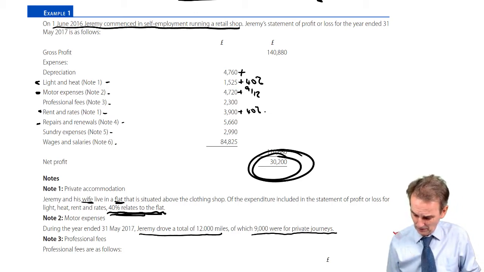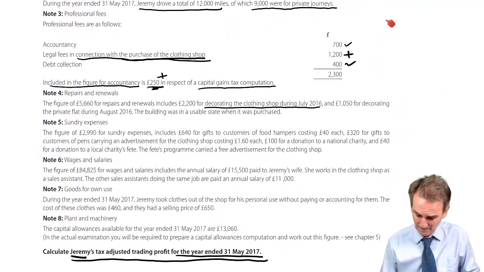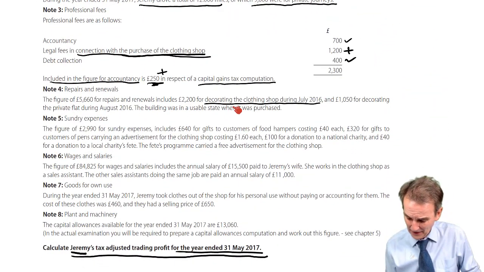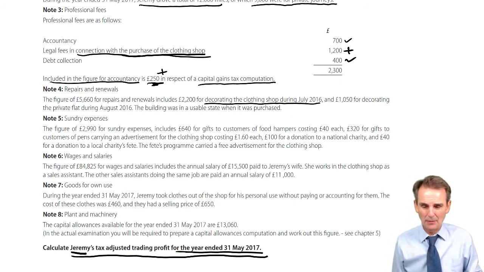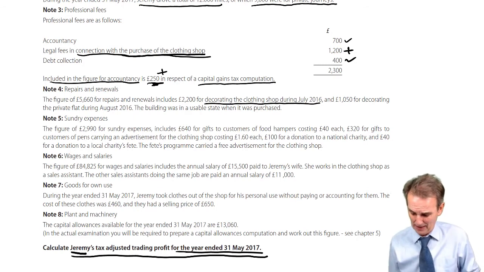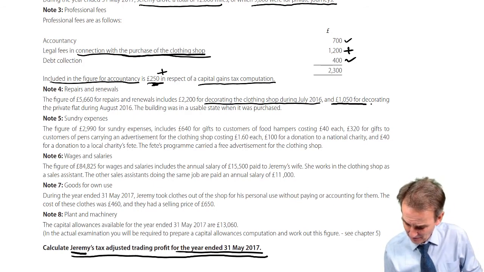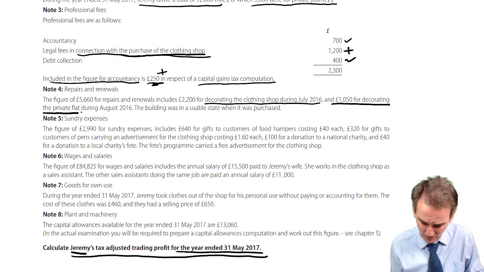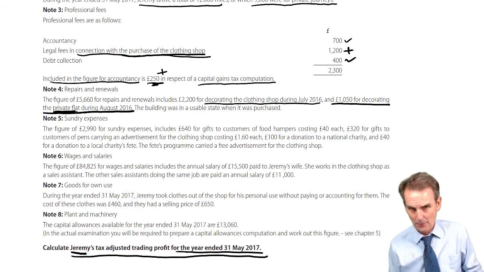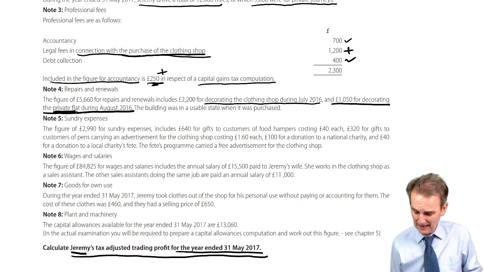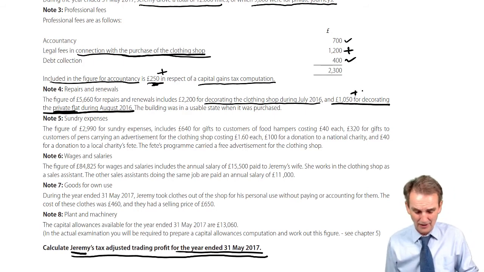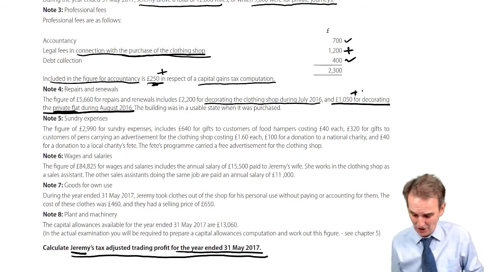What you've got here, therefore, is decorating the shop during July 16, perfectly reasonable repair maintenance expense. So that one is fine. £1,050 for decorating, oh, there's the word, the private flat. It's private. Private use, not business use. That, therefore, is not allowed. Put a plus sign next to your £1,050. It is clearly not allowable.